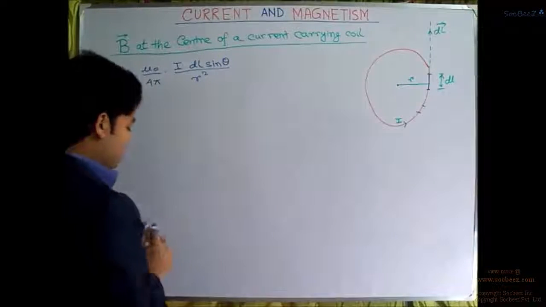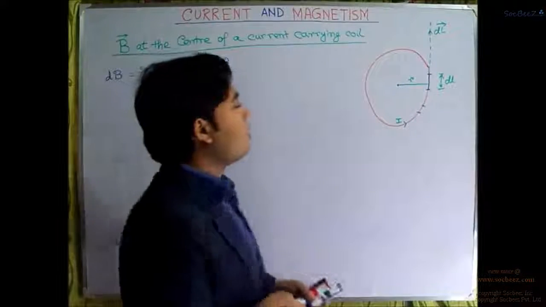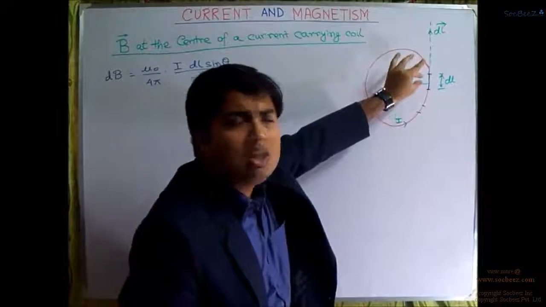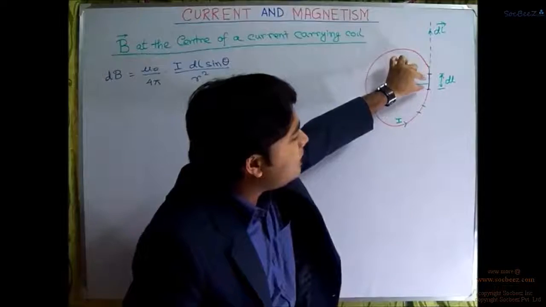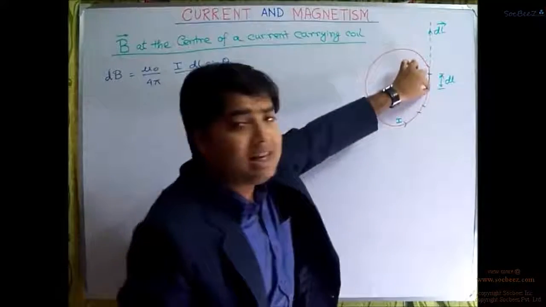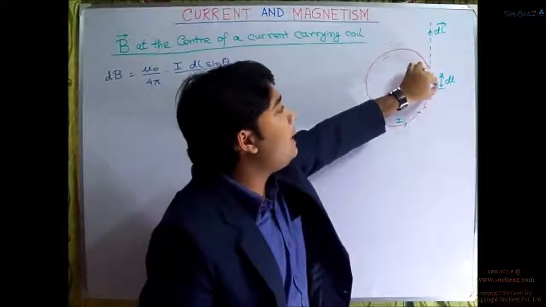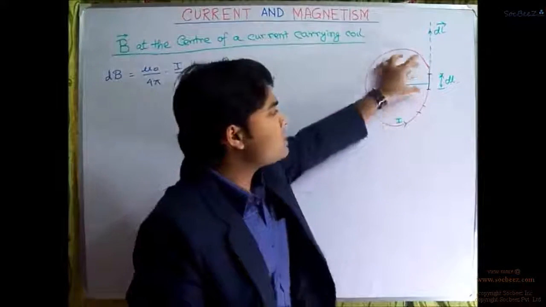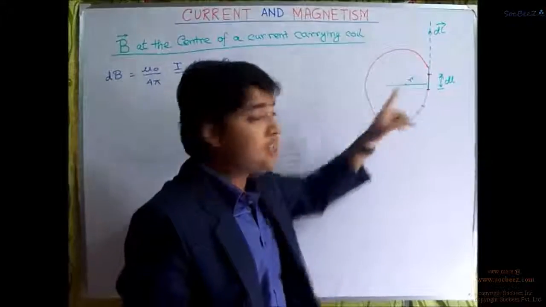Now over here observe, this is dl. This is so small that whatever this line is, the dl, it will act like the tangent to this circle, because this is so small, right?